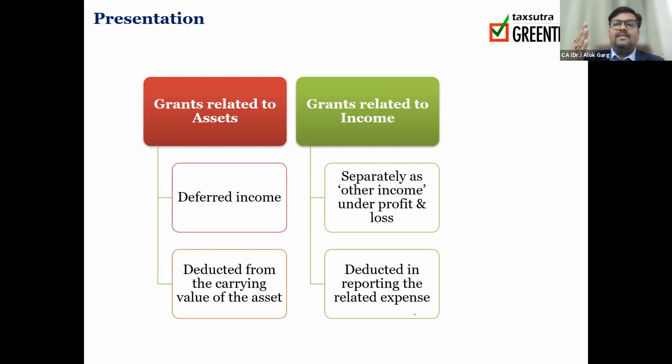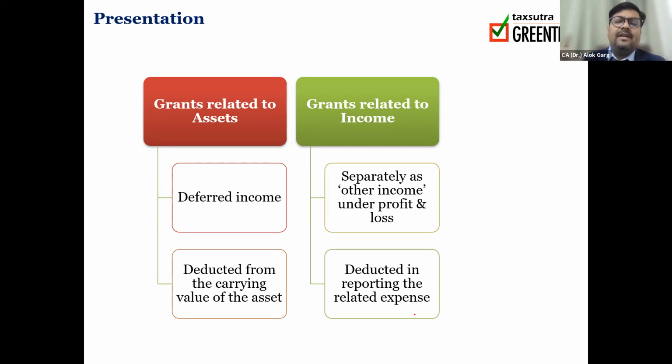The hospital is incurring some surgical expenses for patients who are below the poverty line, and the government is reimbursing those expenses or paying the money in advance to the hospital. So this kind of grant is considered as a grant related to income.